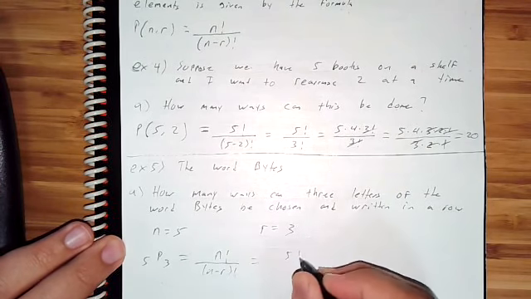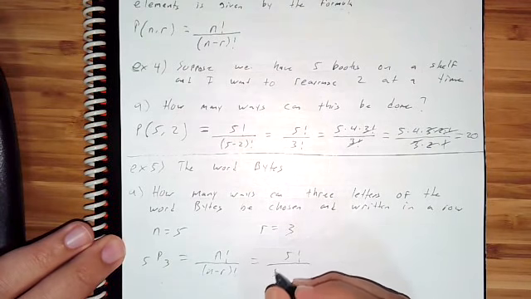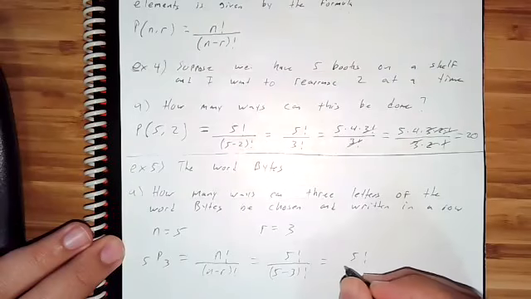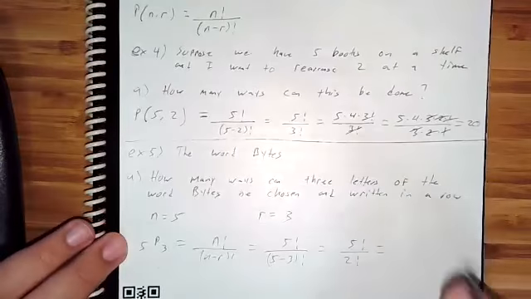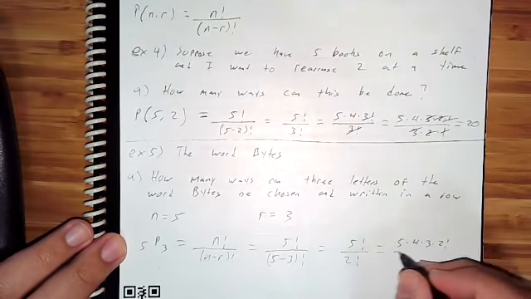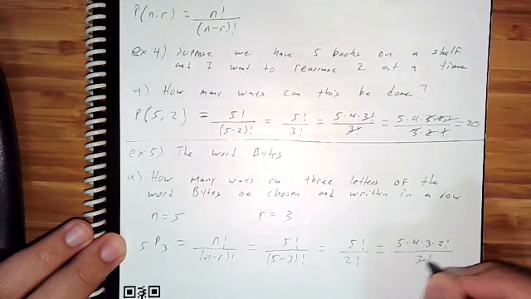So that'll be 5 factorial over 5 minus 3 factorial, which is 5 factorial over 2 factorial. We'll just do what we did last time: stop at 2, so 5 times 4 times 3.